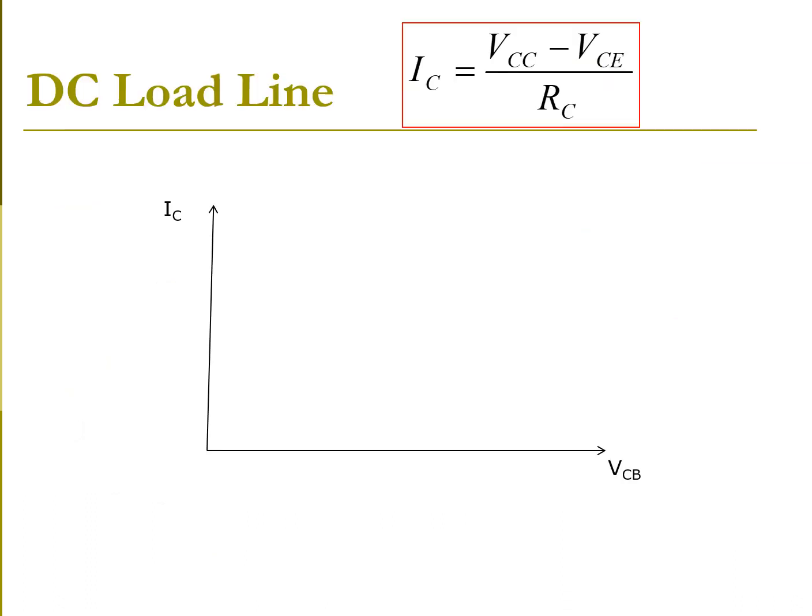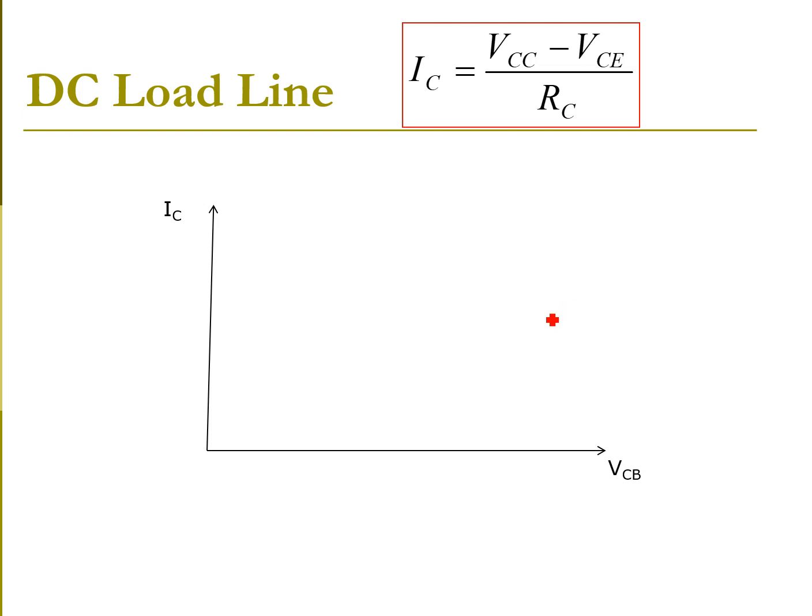Now let's draw the DC load line. As we have discussed in the starting, the Q point is an important parameter for DC analysis. Then stability. Stability comments have been done on three types. One was physical impact, second was from the stability factor, and third was comparison with fixed bias and emitter bias.